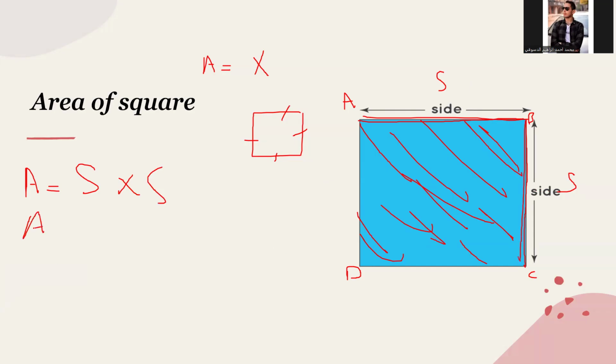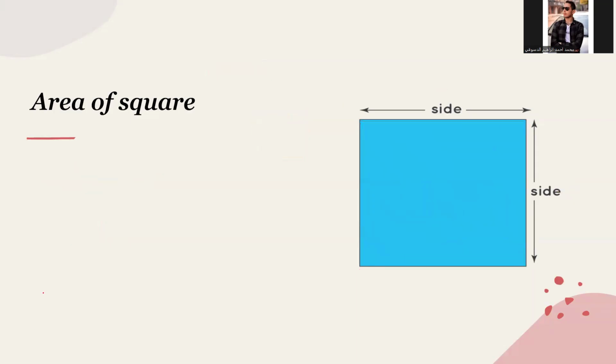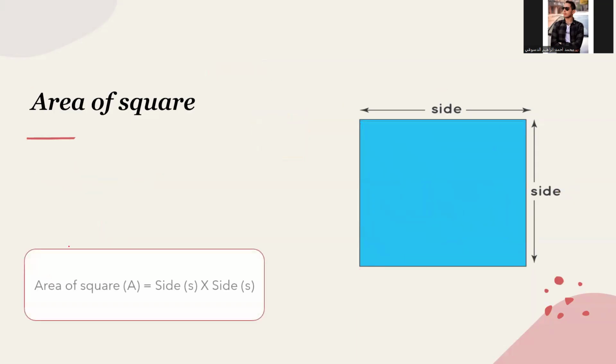That means that the area is S square. So now we understand that the formula for the area is side times side, which is side square.